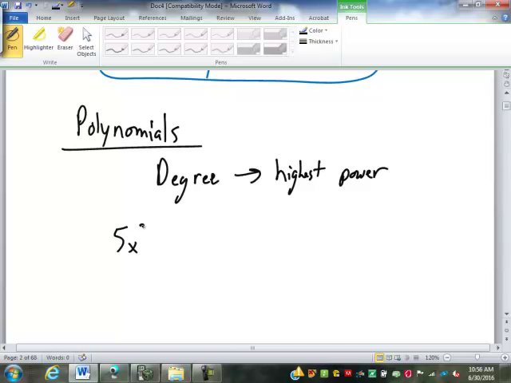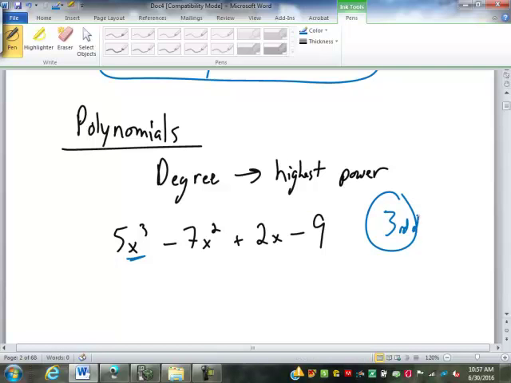So this one is in descending order. I've got the largest power of my variable first, and on down to my smallest. What is that largest power? 3. So this would be said to have a degree of 3, or a third degree polynomial.